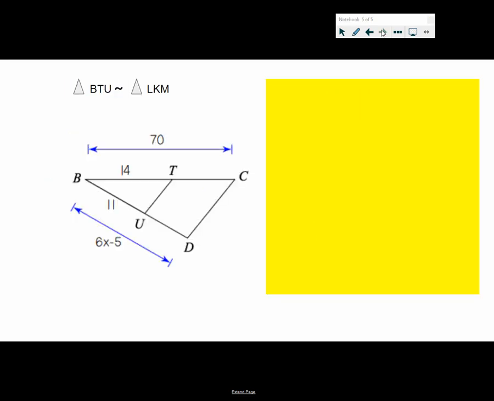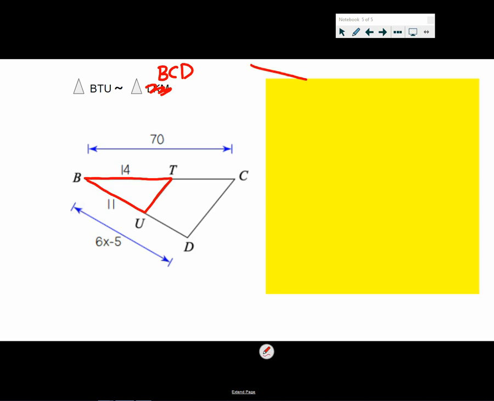Okay? The last problem is a triangle within a triangle. So it tells me that this should be BCD. The small triangle is right here, and it's similar to the big triangle. So when I do this type of problem, I like to redraw them.